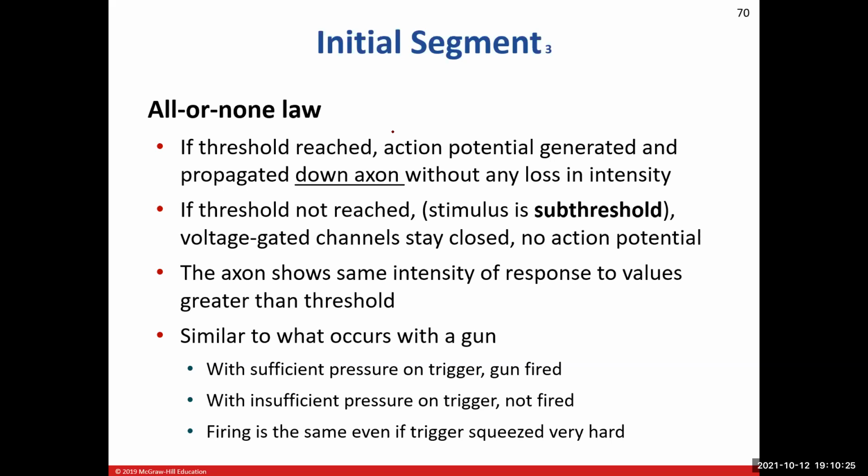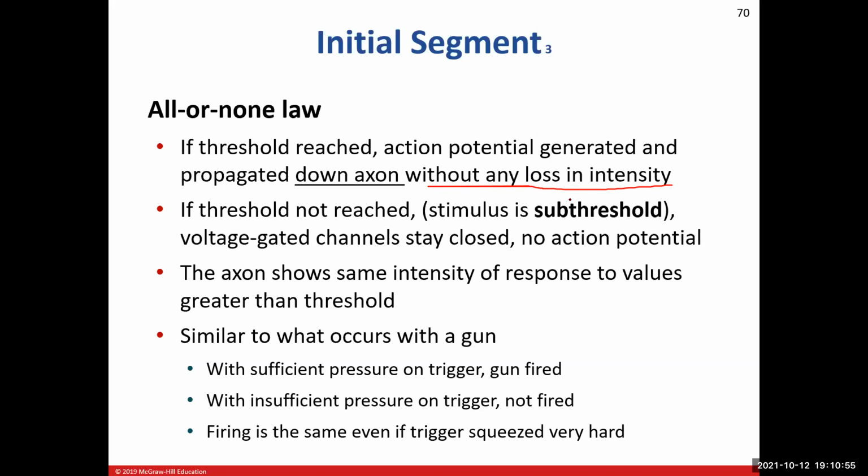It's going to travel from point A all the way down to the very end of the neuron to point B. And the beautiful thing about this is it does not lose any intensity. Now we saw that graded potentials did. They lost intensity. But with the action potential, we don't see a loss in intensity. We'll talk about more of that in a moment here.